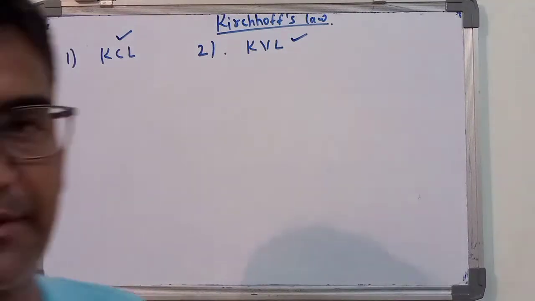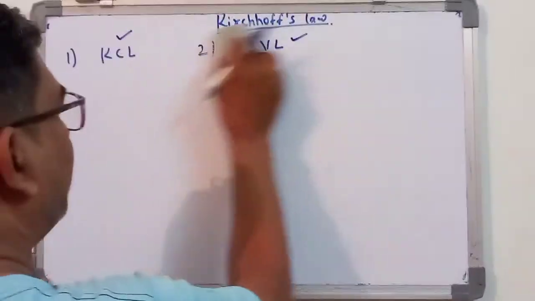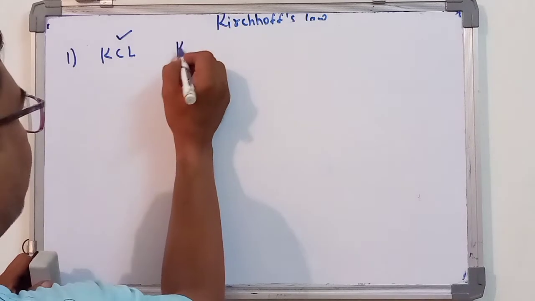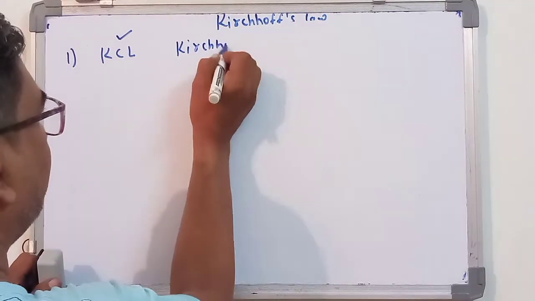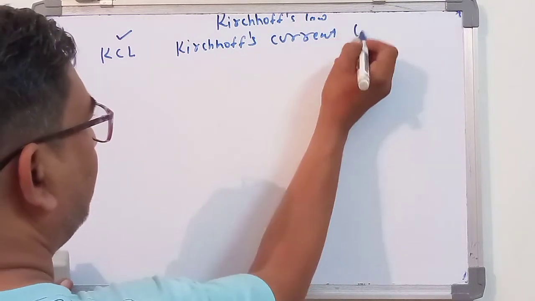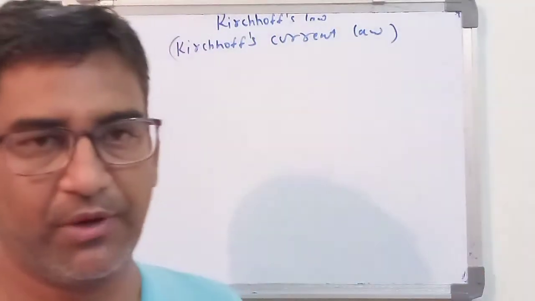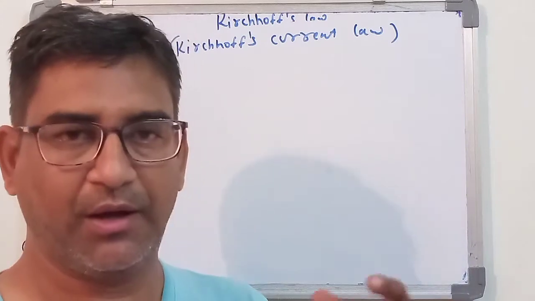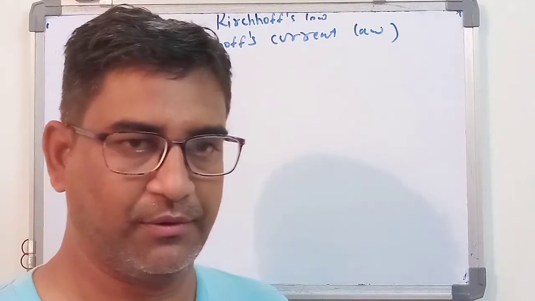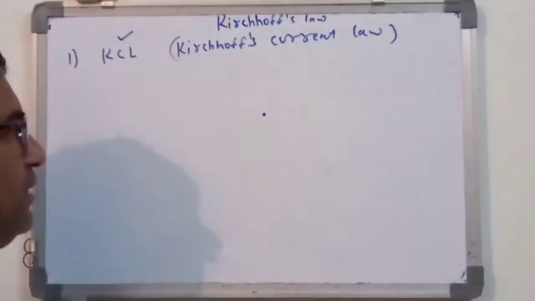In this KCL, the full form is Kirchhoff current law. In Kirchhoff current law, most of the current-related values occur at this one dot.